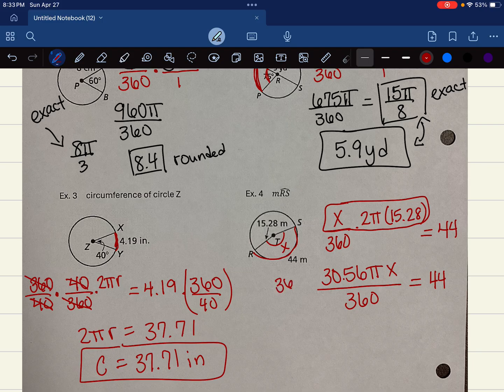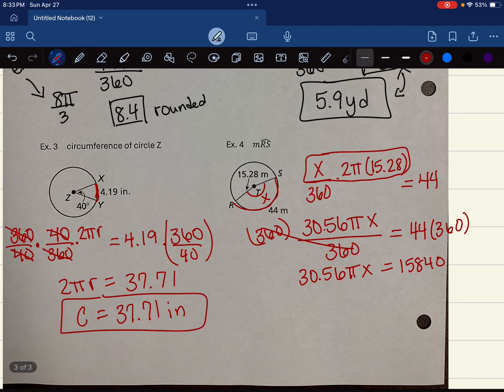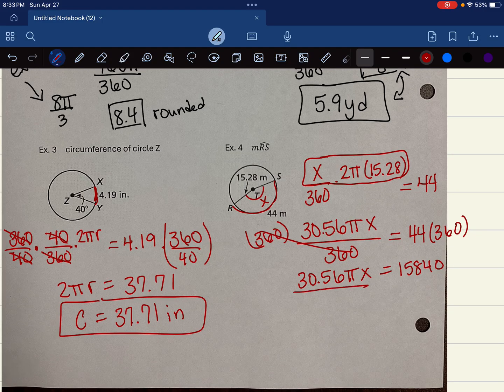I would multiply both sides here by 360. So that would give me 30.56 pi times x is equal to 44 times 360, 15,840. And then to get x by itself, I would just divide by 30.56 pi on both sides.